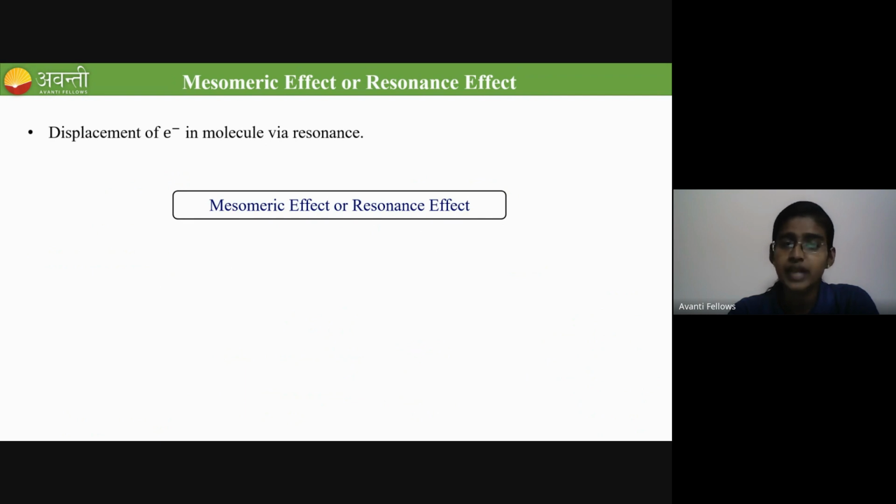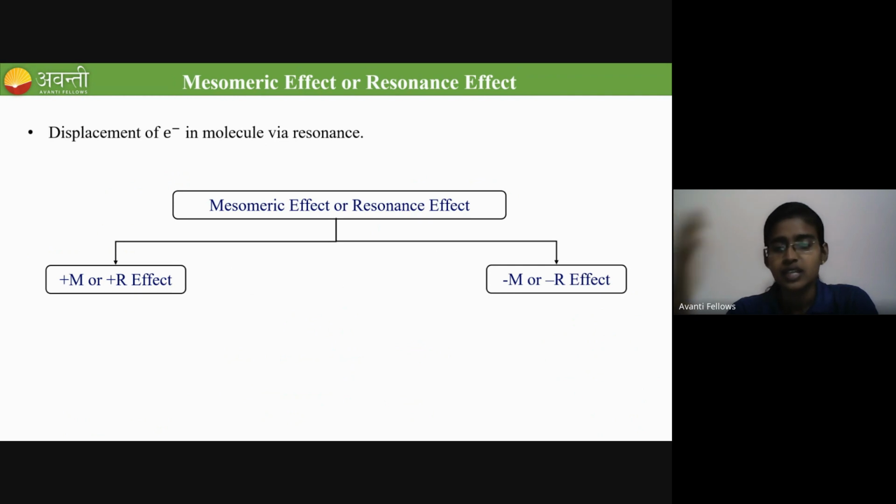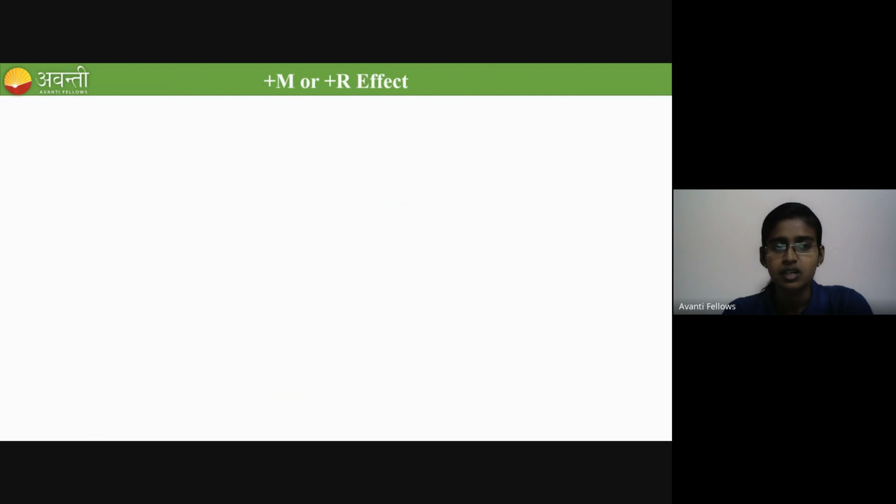And there are two types of resonance effect. One is positive resonance effect or positive mesomeric effect, and the other one is negative resonance or negative mesomeric effect. Like inductive, we have studied about inductive effect, no? So like that, we have two different types of effect here also. First, we will discuss the positive resonance effect, and then we will come to the negative. What is positive resonance effect?